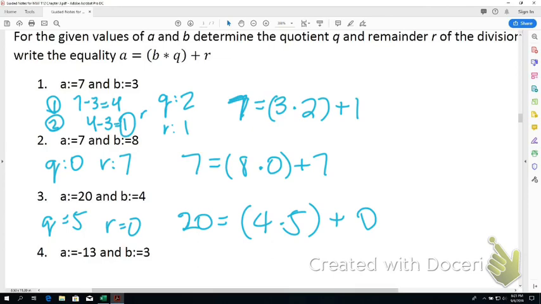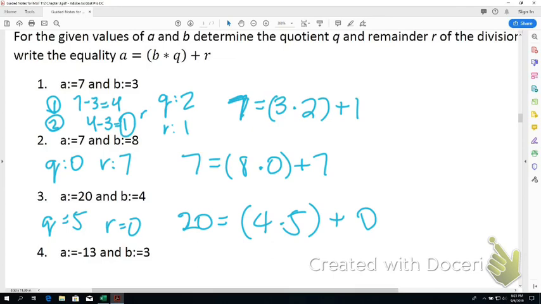And for the last one here, since A is negative, we'd have to add. So how many times would I have to add it? I would practice this one, and if you actually did add your B, you would add it 5 times.